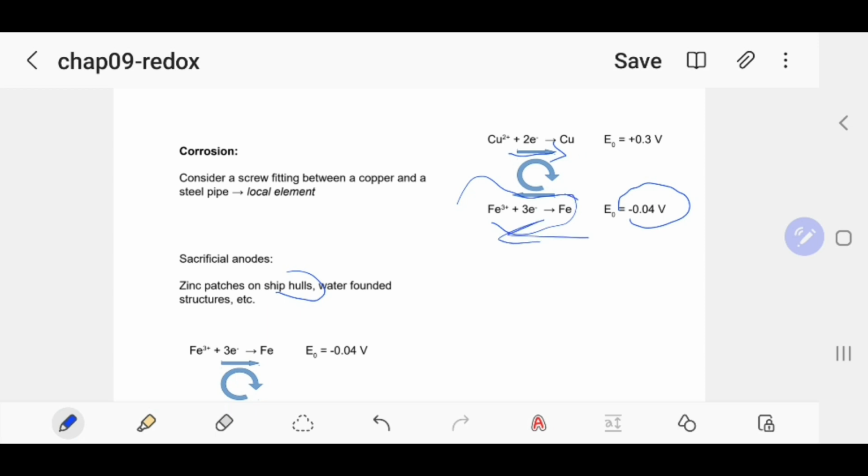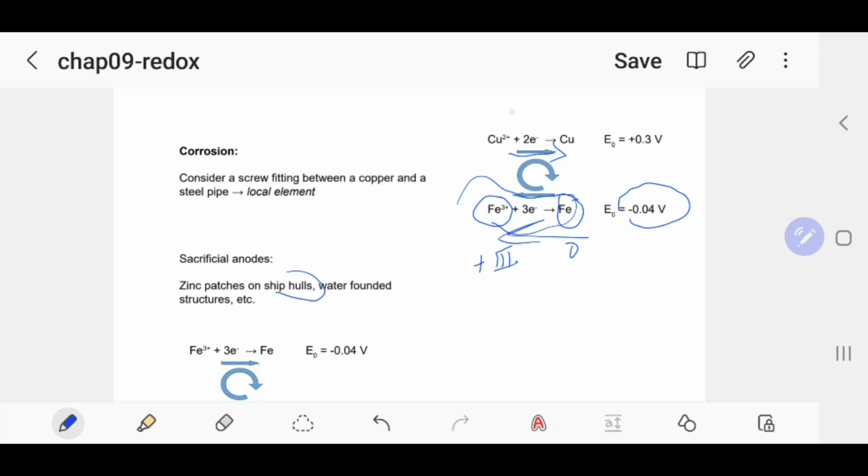From the iron solid will give 3 electrons in water, and we will get an increase of iron ions, which means this iron is going through an oxidation from 0 to plus 3.